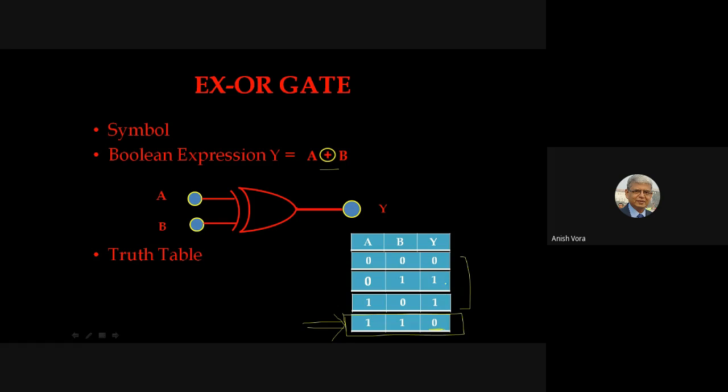All three conditions similar to the OR gate. OR gate ની જે condition છે એને exactly similar છે output. એક condition ને બાદ કરતા, કઈ condition? When both the inputs are at high level. એ condition ને આપણે we have excluded, right? So એ condition ને બાદ કરીએ તો બાકીની ત્રણ condition OR gate જેવી જ છે.